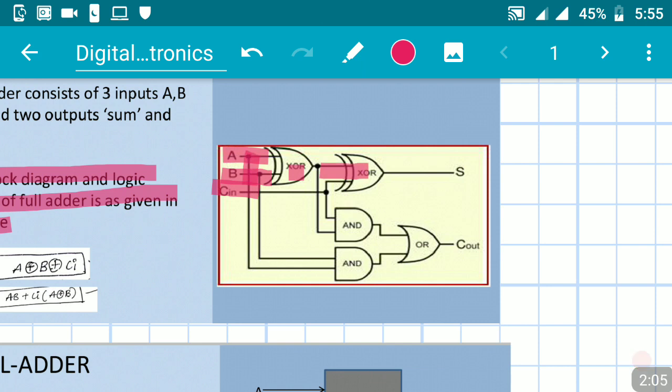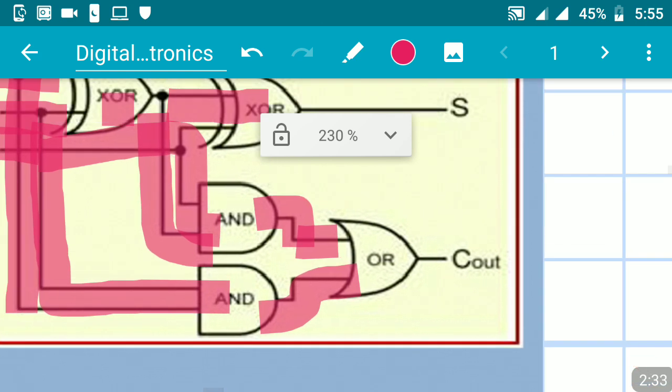And the same A and the same B are taken and given to the AND gate, and the output of the XOR gate and the C in input is again given to one more AND gate, and then the output of first AND gate is given to OR gate's one input, and the second AND gate output is given to OR gate's one more input. It's not XOR gate, it is OR gate. Okay, so the output from the OR gate is what we call C out, I mean the carry.